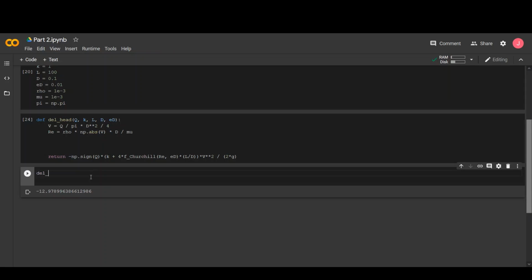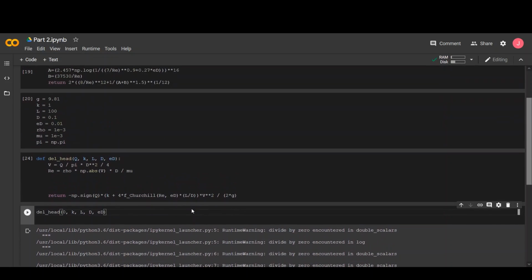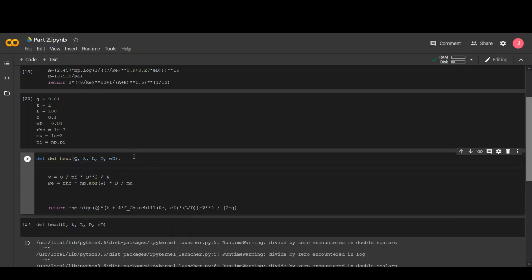So, we should get an error if I put a 0 in here. Let's just test that out. Yeah, invalid value. Okay. So, if we have no flow, in this case we shouldn't really expect any change in head. So let's add a condition.